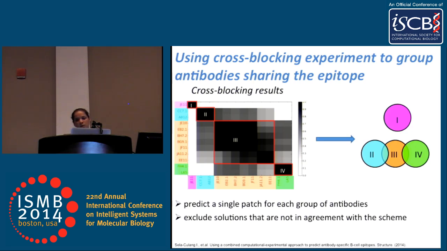Just as we use this information to exclude solutions that were not in agreement with this scheme, we can also exclude other solutions that are not in agreement with other experimental information, such as mutations. And then I believe we can get better predictions.